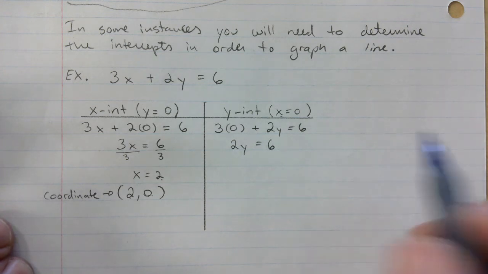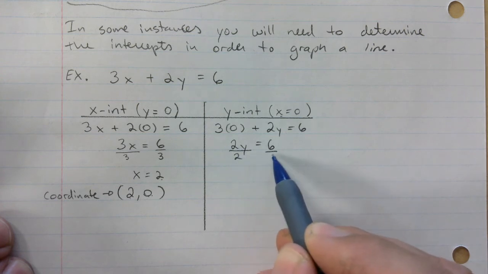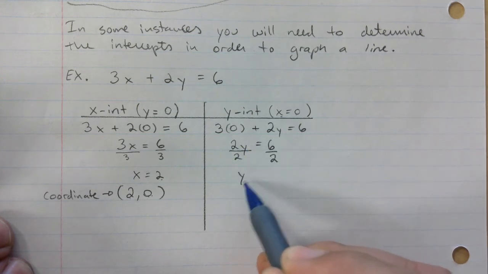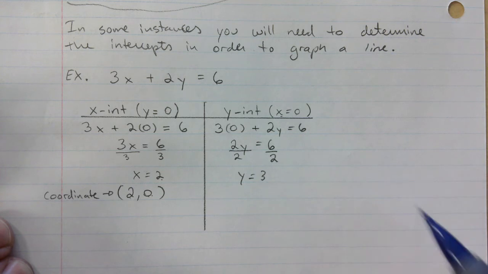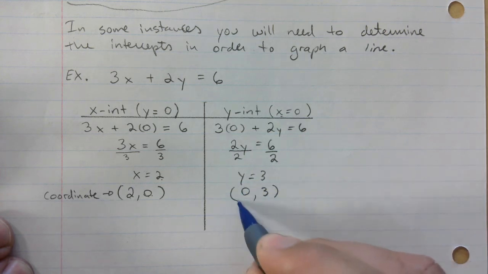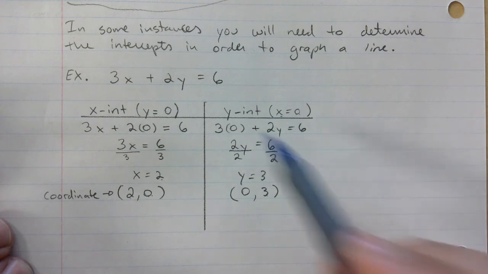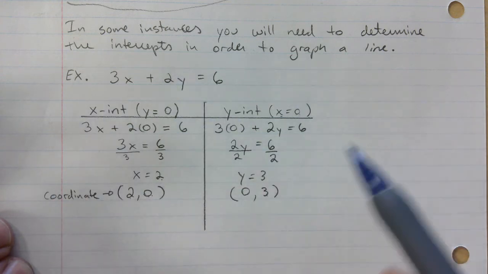There's no decimals, no fractions, but don't get too comfortable with that. Divide both sides by 2, and y is equal to 3. So what we just found is that when x is equal to 0, y is equal to 3. Okay? These are my intercepts.